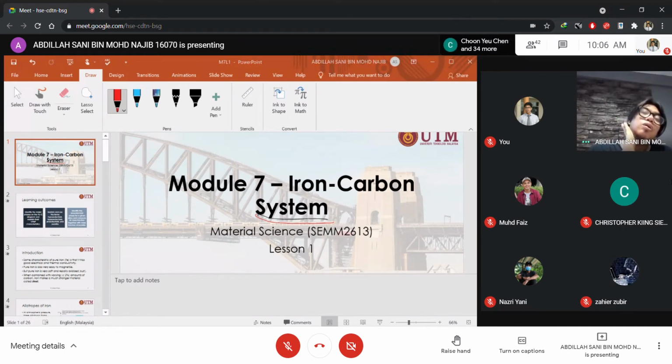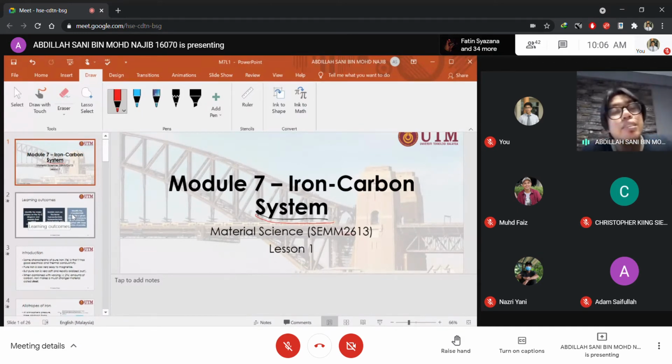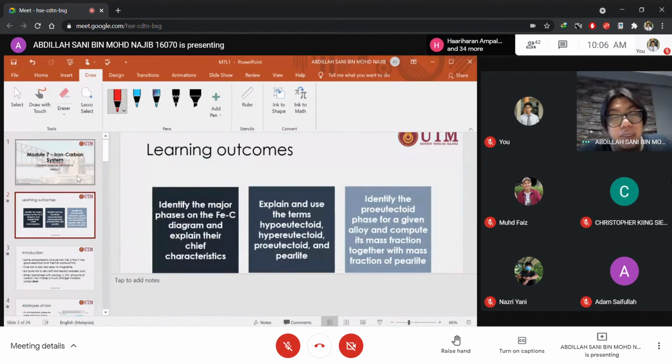So it is really important to understand this system to have a better understanding of whether it is the mechanical structure and maybe the structural integrity, right?